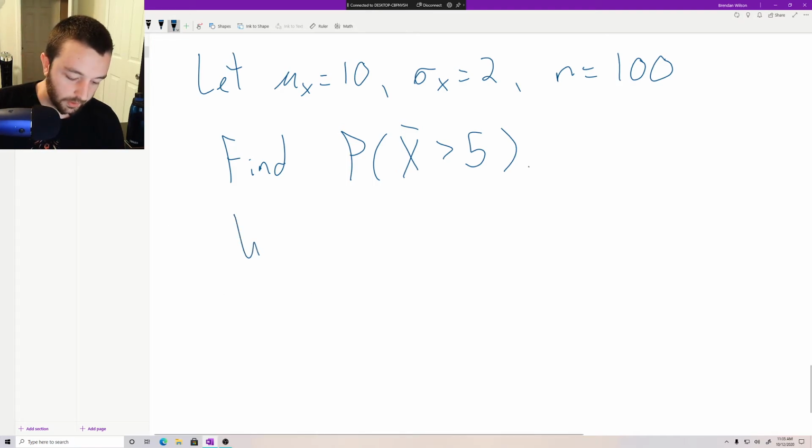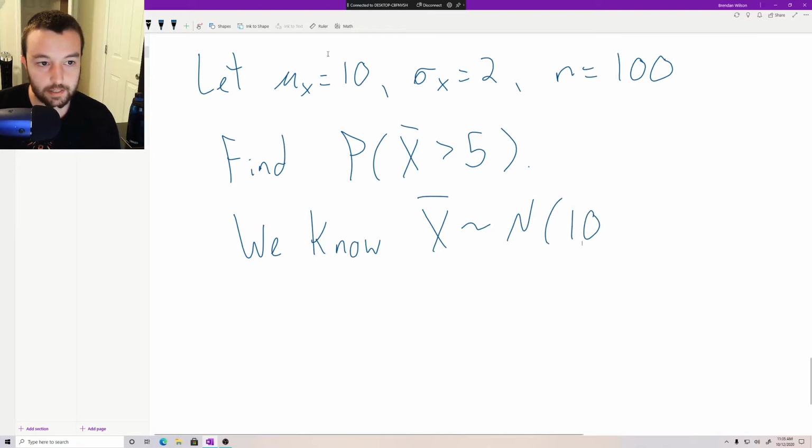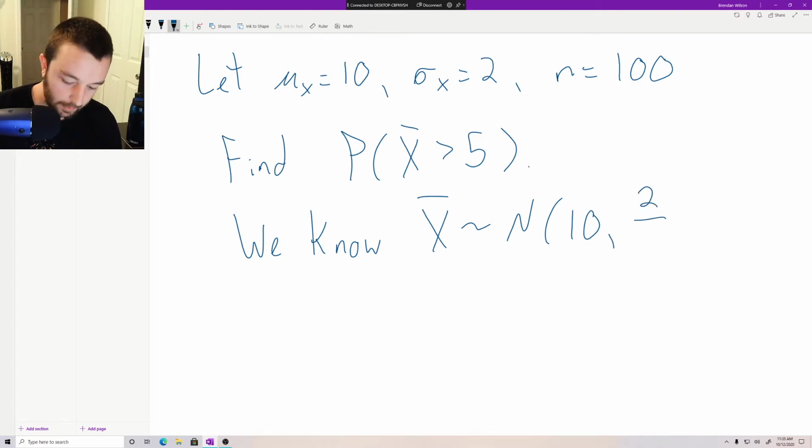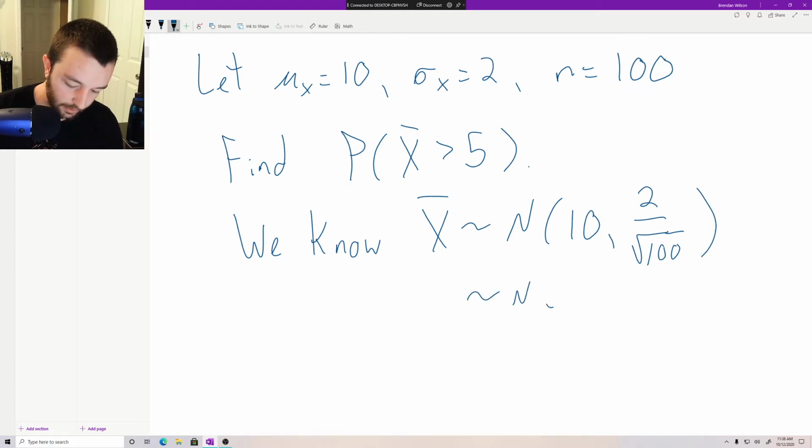So we know from the formula up there, x bar is normally distributed with mu 10 because it has the same mean. And the standard deviation is 2 divided by the square root of 100. So it's the standard deviation divided by the square root of n. If we want to simplify this, the square root of 100 is 10.